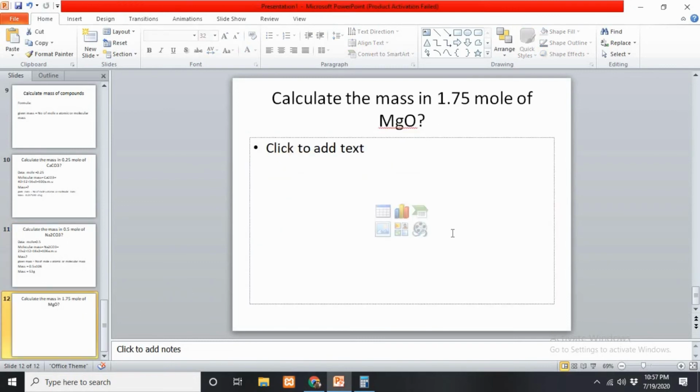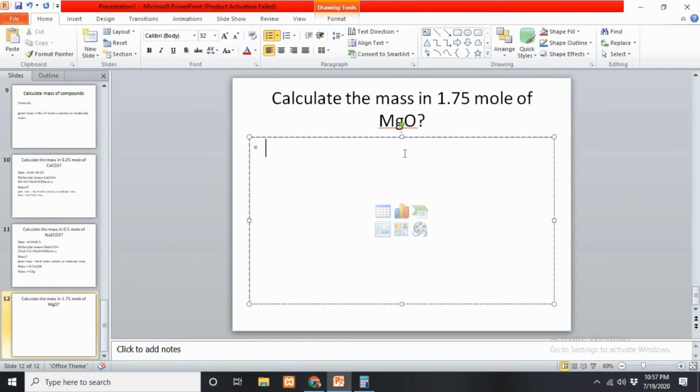The third question in our list is: calculate the mass of 1.75 mole of MgO. First you have to create the data. Just write mole is equal to 1.75. The next thing is the molecular mass of MgO.